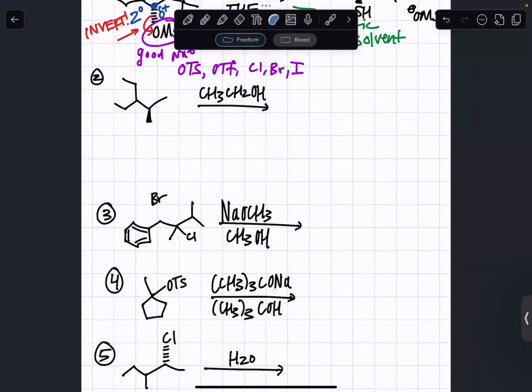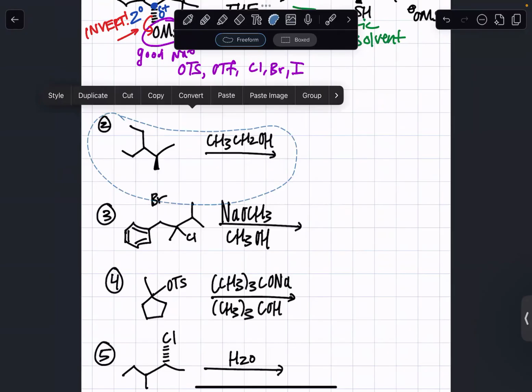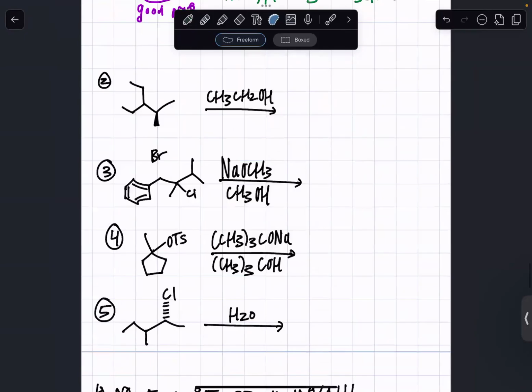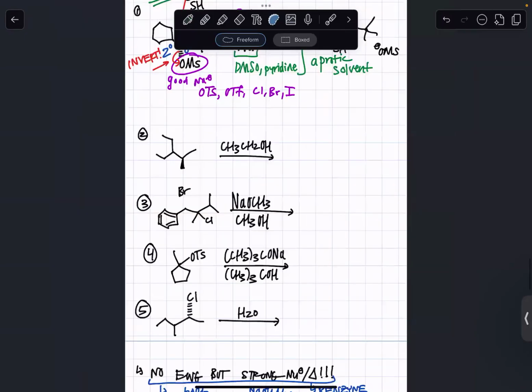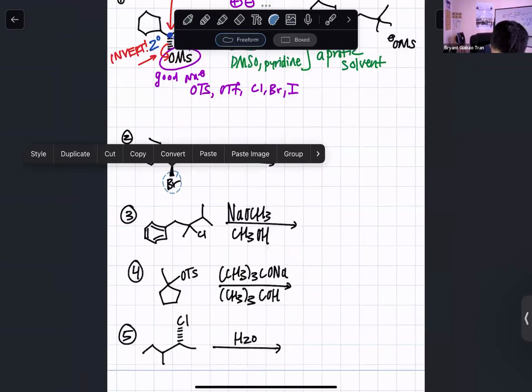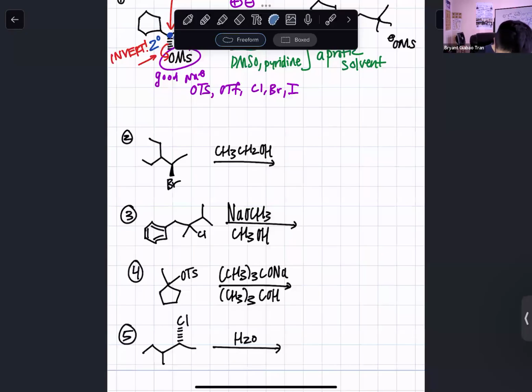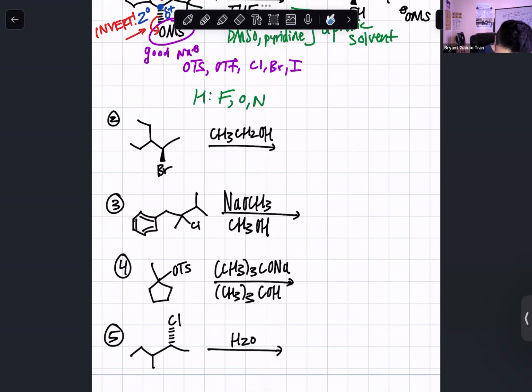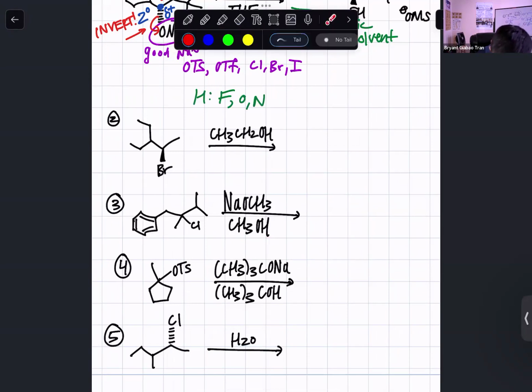Just making sure about the things on the bottom: you said THF is an aprotic solvent, but how about the other ones that include H? Are those protic solvents? Yes, protic solvent, because we have H bonded to one of the three most electronegative atoms, fluorine, oxygen, or nitrogen. This hydrogen here is bonded to an oxygen, so that's a protic solvent.